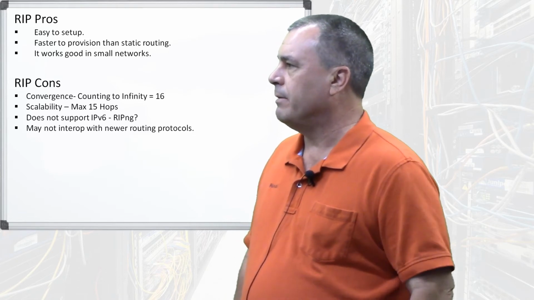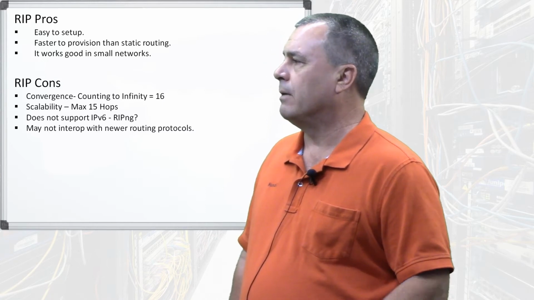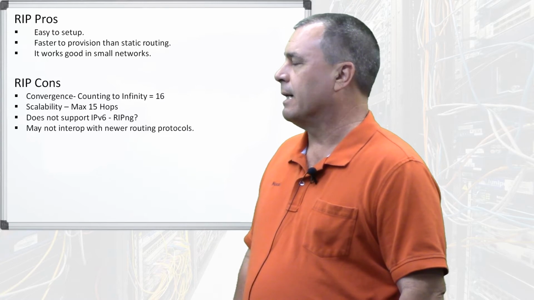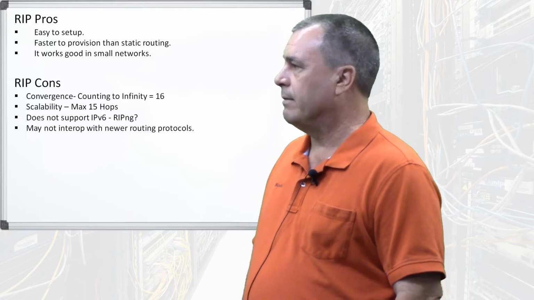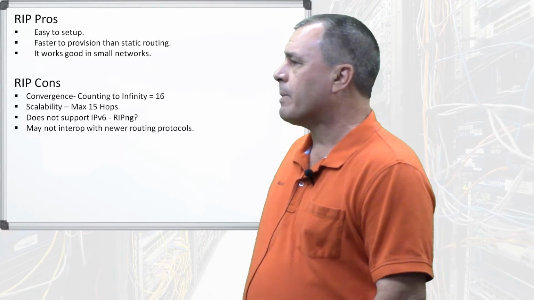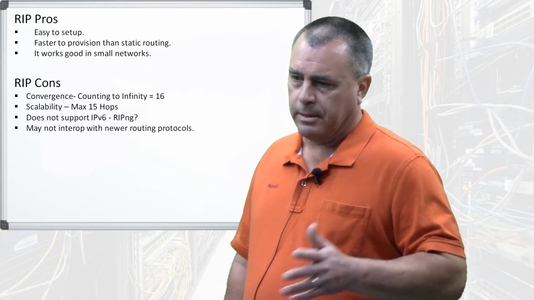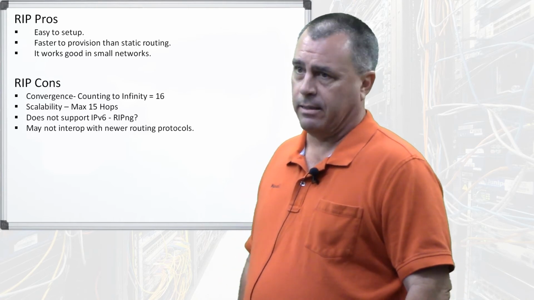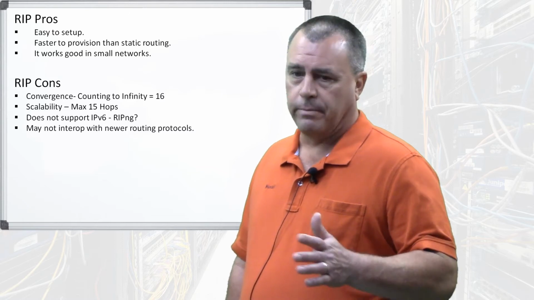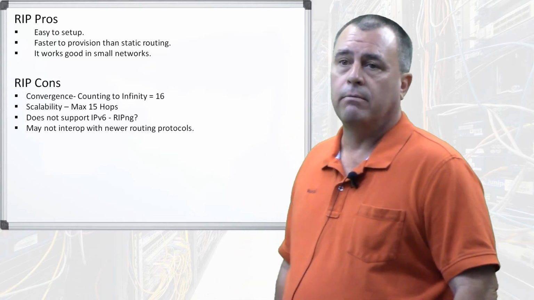RIP doesn't support IPv6, like we mentioned previously, but RIP NG is supposed to. And like I said, I wouldn't even use RIP if I was using IPv6. And since it's not really being developed actively, I think they've stopped development on it, some of the new routing protocols it might not interact with in the future.